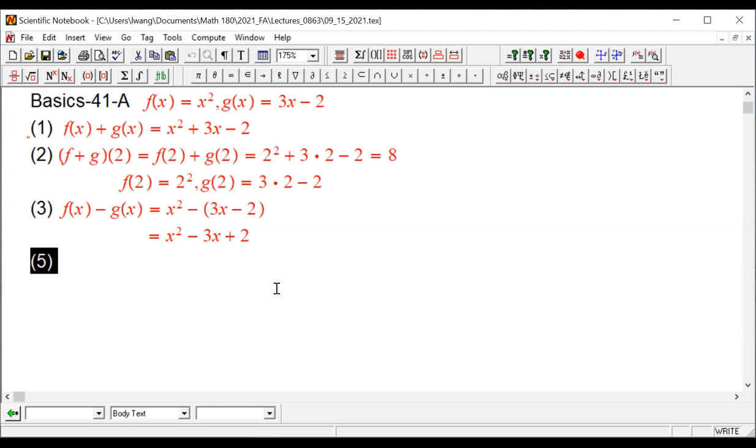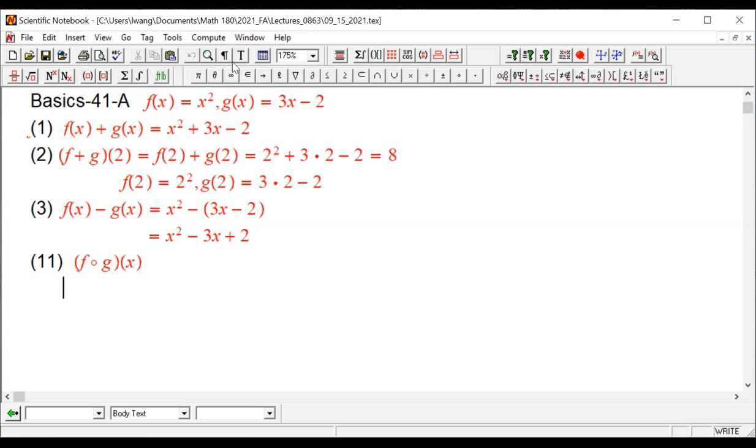I'll just start with number 11. Number 11 says f composite g, parentheses, of x.